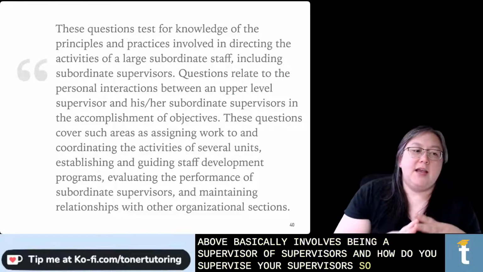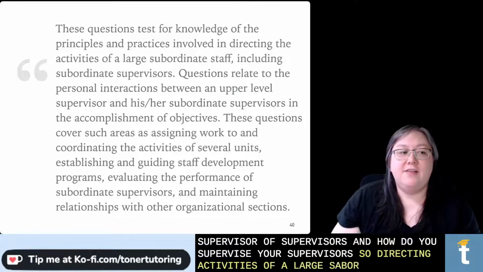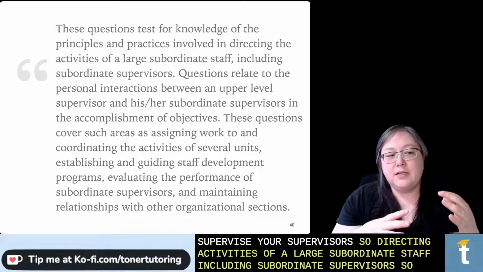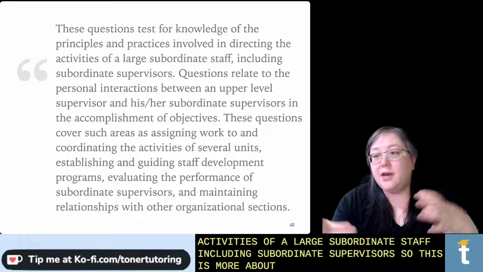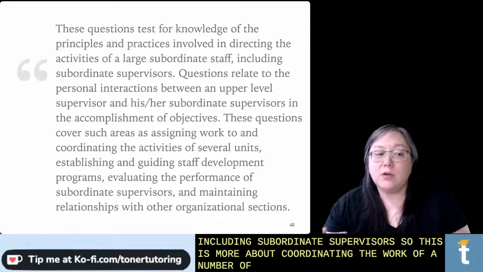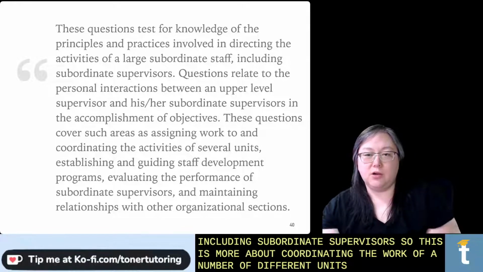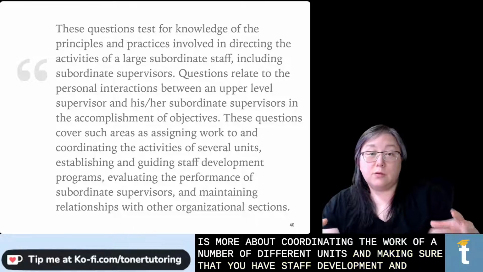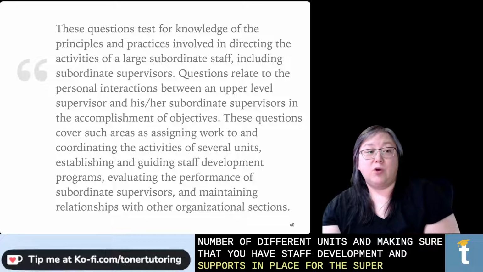So directing activities of a large subordinate staff, including subordinate supervisors. So this is more about coordinating the work of a number of different units and making sure that you have staff development and supports in place for the supervisors working under you.